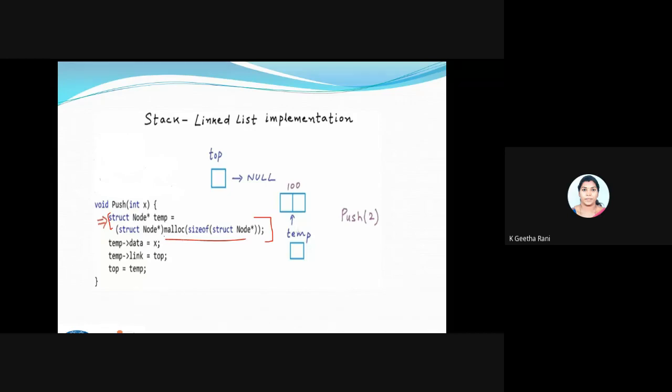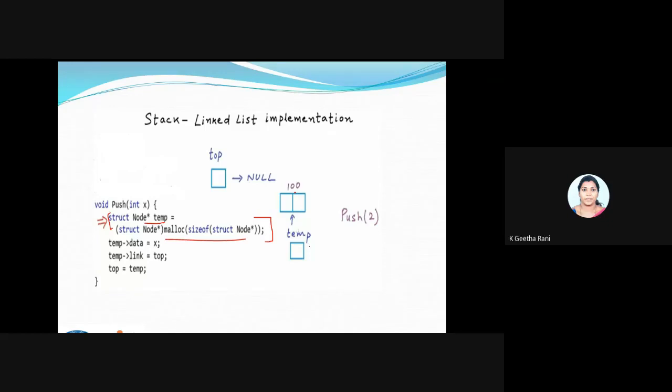Since I mentioned here, it should be a struct type. Struct, in the sense that it has two things, a data and an address. And I'm pointing this to a temporary pointer variable, that is my temp. So now this temp will be holding the address of this particular node. This node is having an address. Assume this node is going to have an address 100.